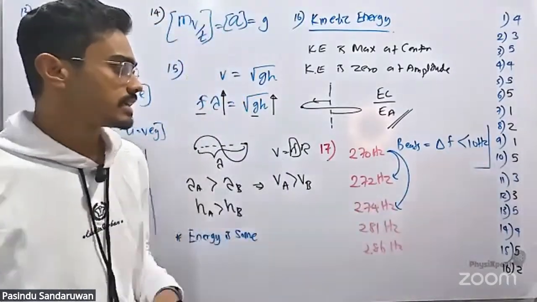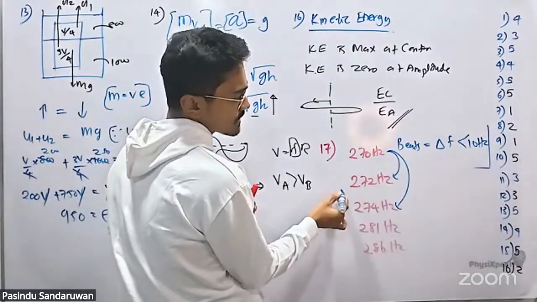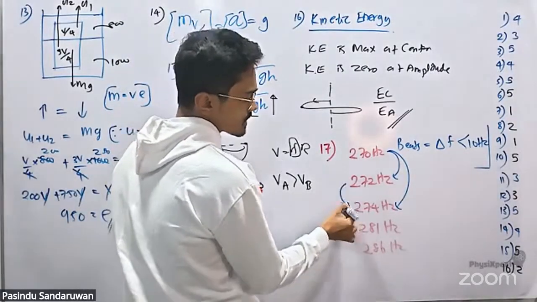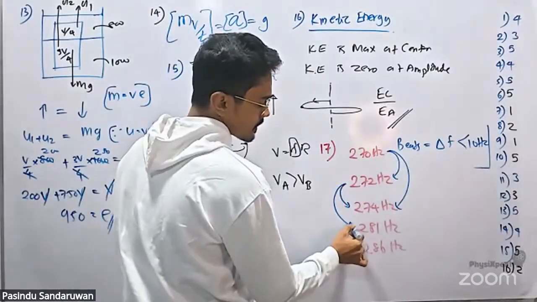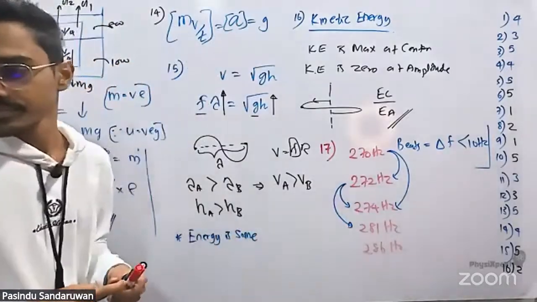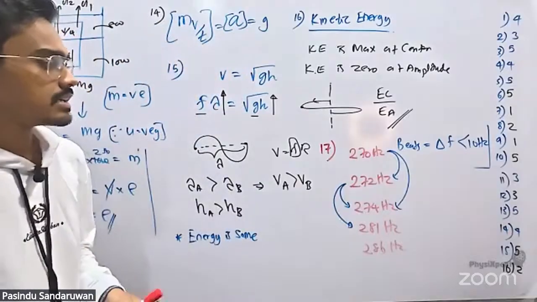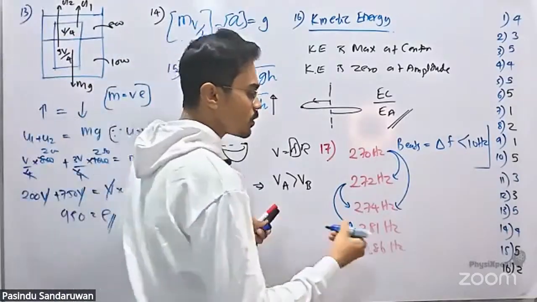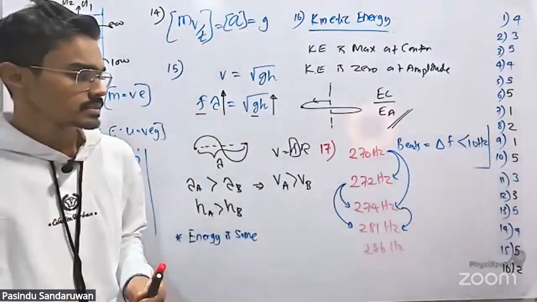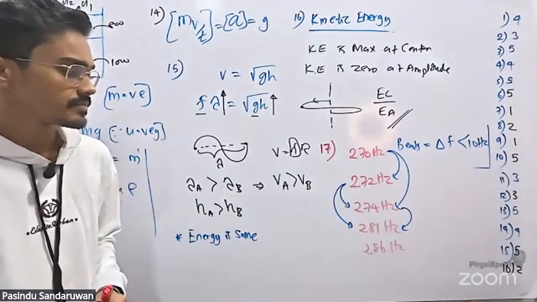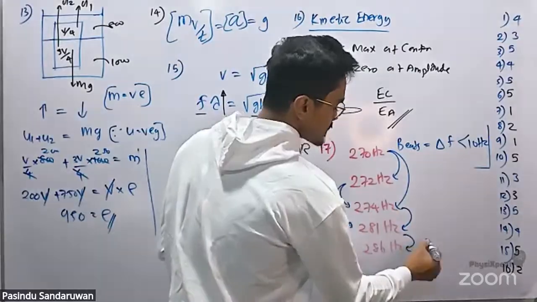Then 272 can be vibrated with 274, and with 281 because the difference is only 9. Then 274 with 281 is also possible, difference is only 7. And 274 and 286 cannot be done, but 281 with 286 can be done.